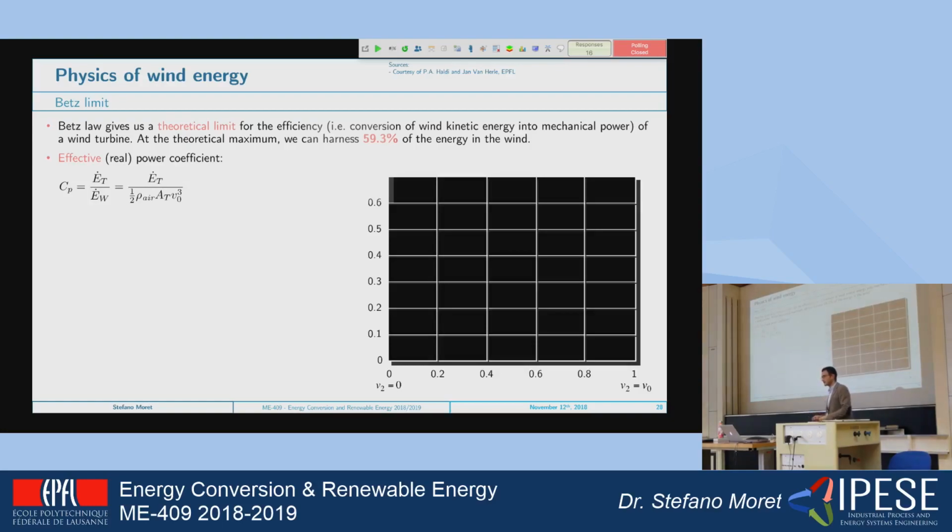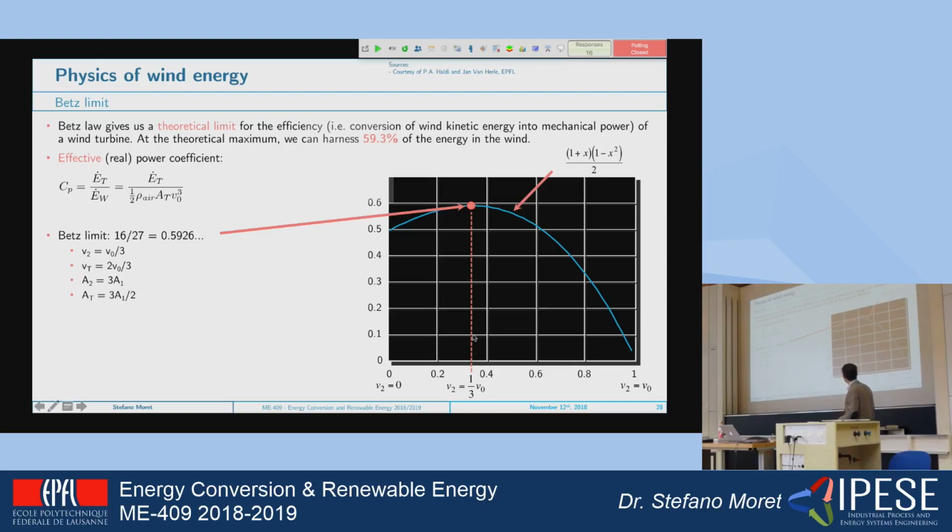If we plot it in a graph in which we put x on the x-axis, so the ratio between the speeds, and we put the power coefficient on the y-axis, we can actually plot this equation, right? And we see that the maximum, as we showed analytically before, is reached when V2 at the exit of the turbine is equal to 1/3 of the speed.